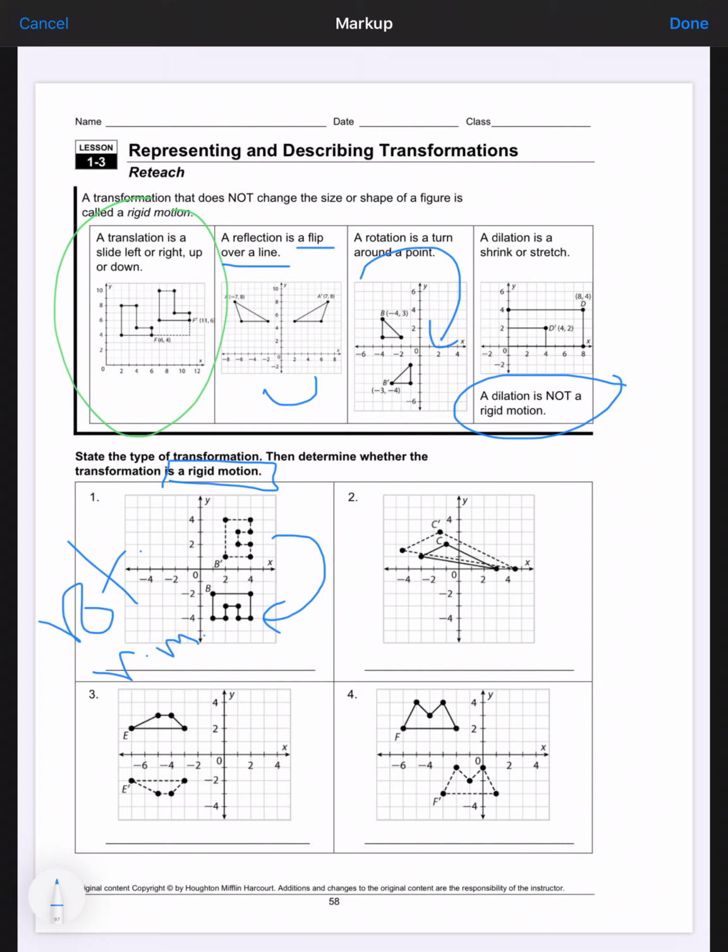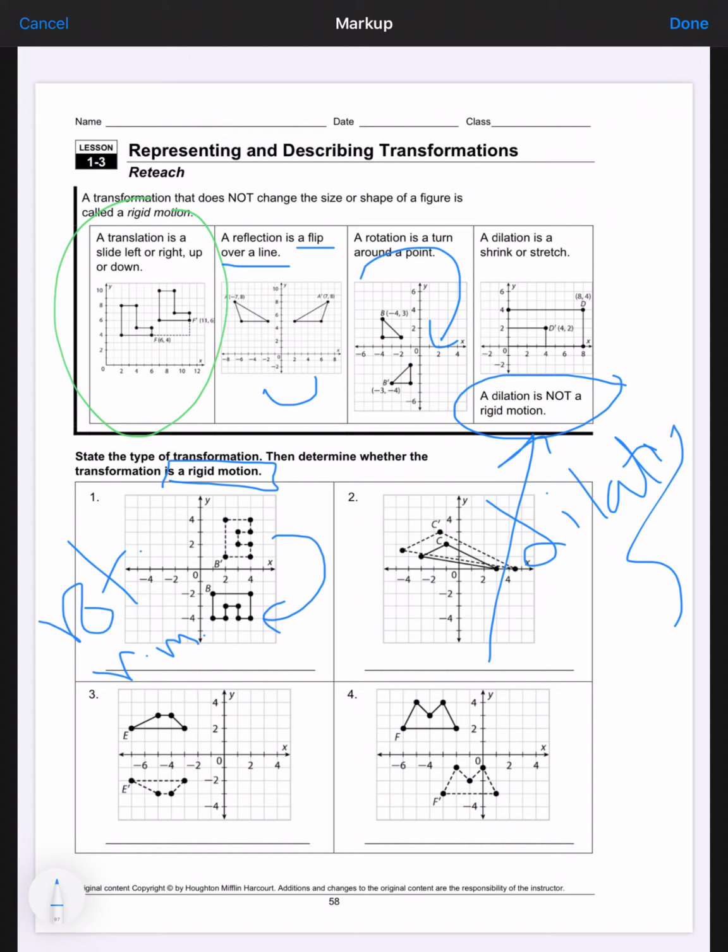Second one, as you see, it was stretched. So it was stretched, so it is dilation. And it's not a rigid motion, as we mentioned.